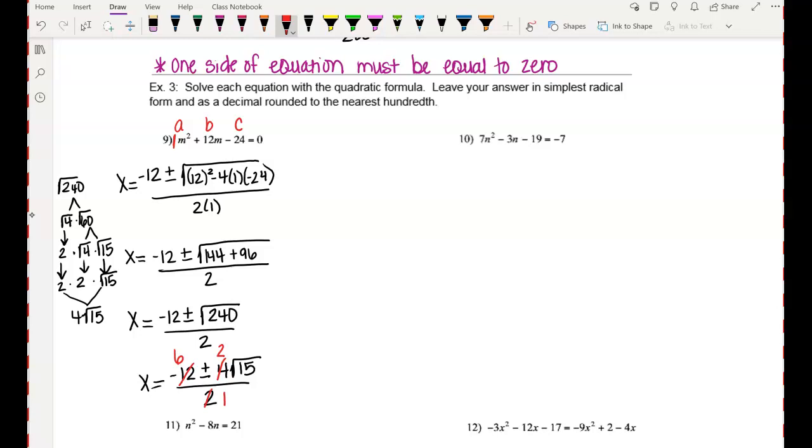So in simplified radical form, my solution set would look like this: -6 plus 2 radical 15, -6 minus 2 radical 15.